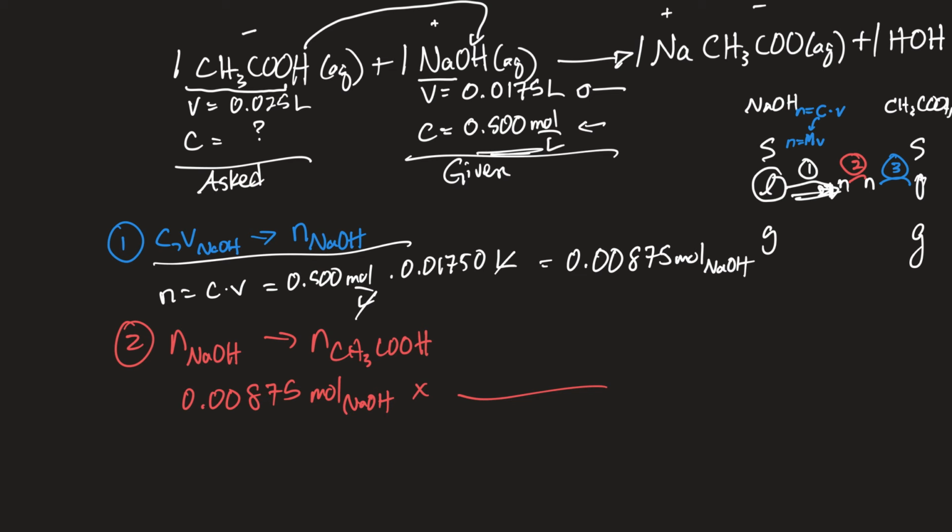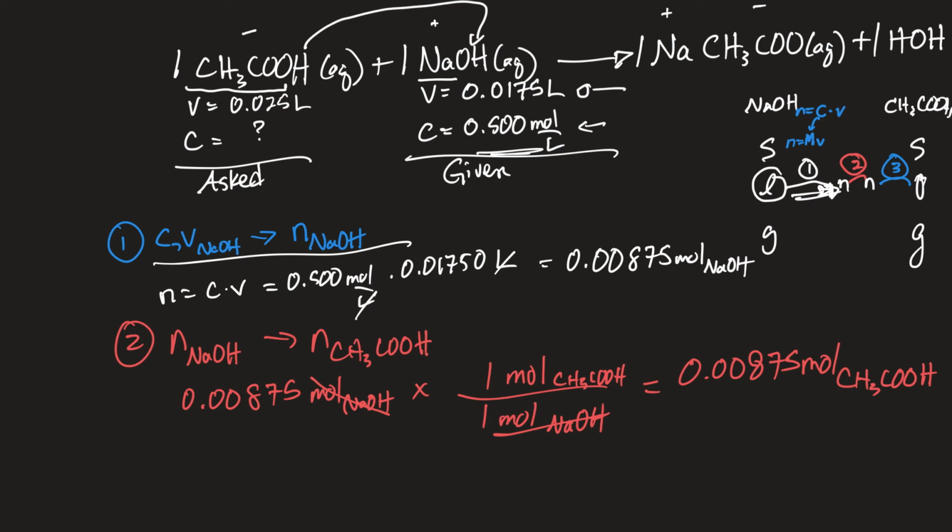Then I'll multiply it by a mole ratio. What I want goes on the top, that's the acetic acid. So 1 mole of acetic acid reacts with 1 mole of sodium hydroxide. It's 1 to 1, so the number will just be the same, 0.00875 moles, but this time it'll be moles of acetic acid.